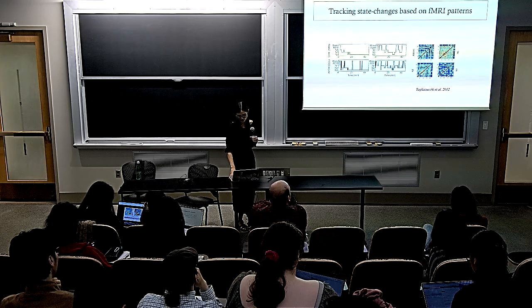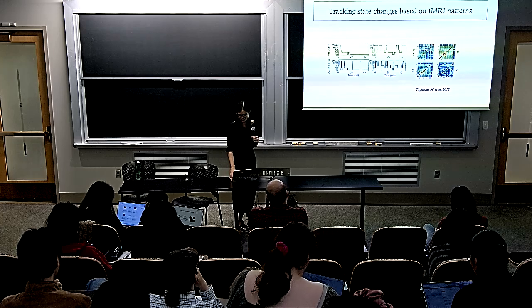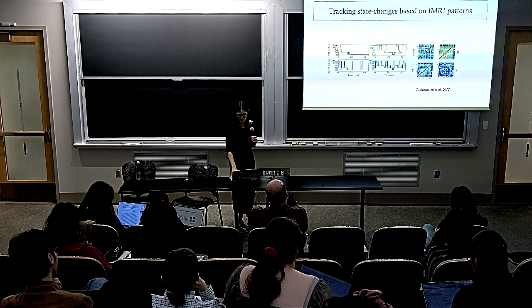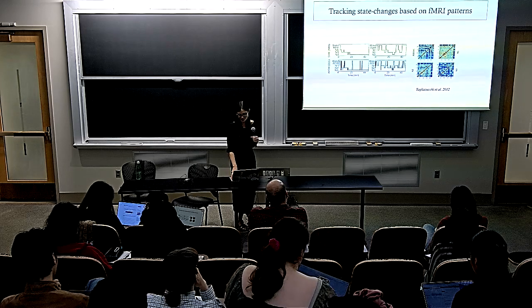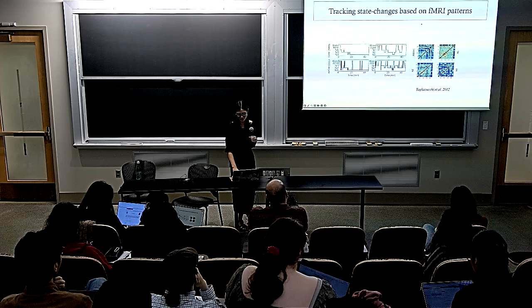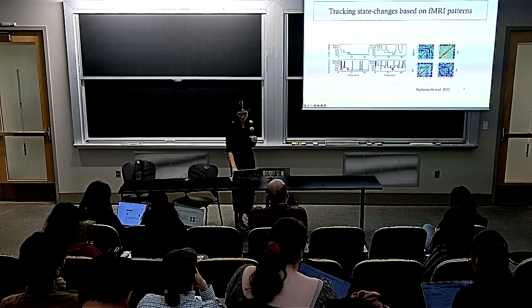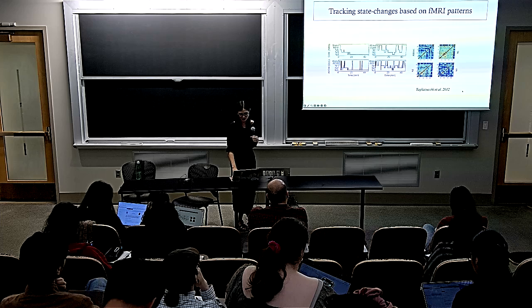when you're not able to record such measures, people have been asking to what extent you can use dynamic connectivity or activity patterns to track someone's brain state. This was one of the first studies, at least that I'm aware of, to try this in resting state fMRI, but in the context of sleep.